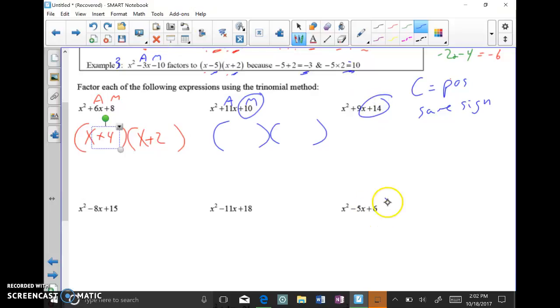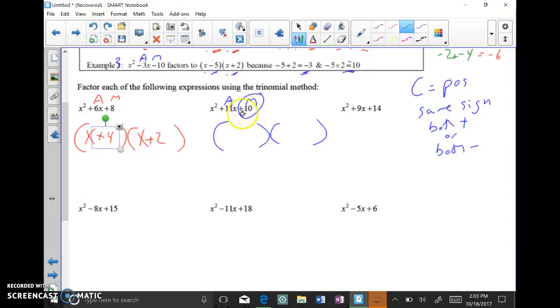And so that's the case here. I'm looking for numbers with the same sign, but that could be both positive or both negative. So how do I know if I'm looking for two positives or two negatives? Well, look at what they add to. Two positive numbers add to something positive: 1 plus 4 is 5. And two negative numbers add to a negative: negative 1 plus negative 4 is negative 5.